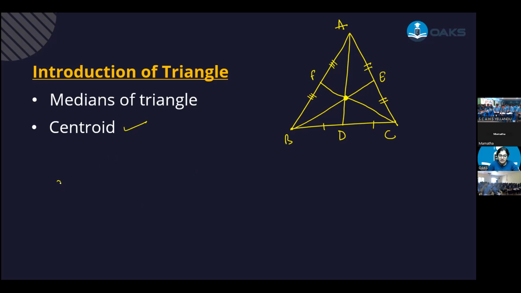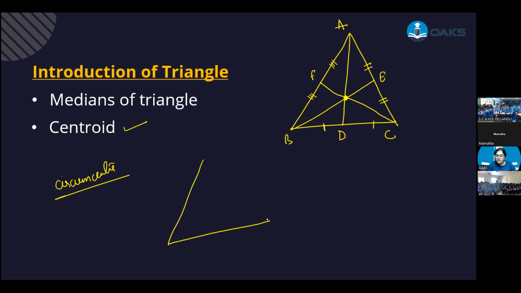So the circumcenter, which I said earlier, is the intersection point of the perpendicular bisectors. Here we only have the opposite side getting bisected, and in the previous one it was a right angle triangle.